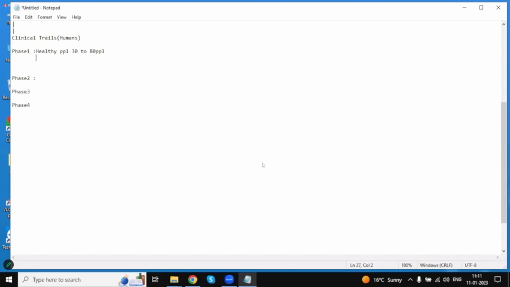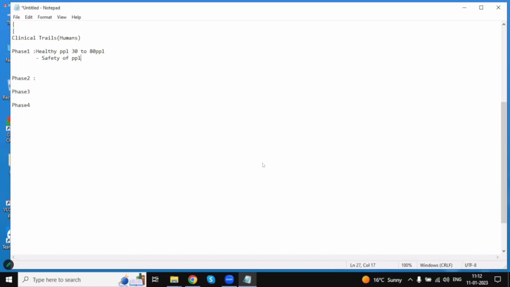But in phase 1, the major agenda for the investigators and doctors is the safety of the people. Safety is the first priority for everyone. So they'll check the safety of the drug.